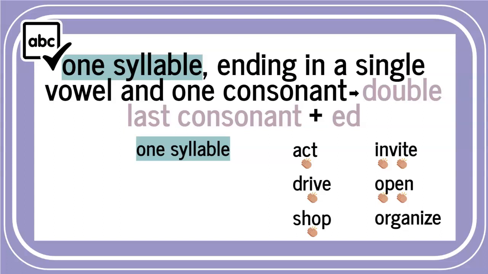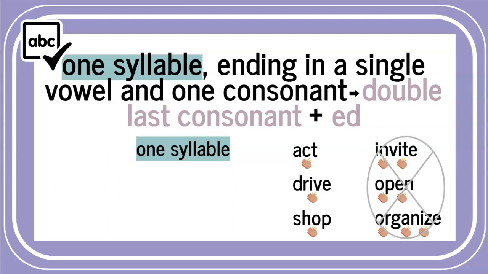If you said 3, that is correct. Organize. 3 syllables, right? For this rule, we want to look at verbs that are only one syllable. So, not invite, open, or organize. We will ignore those verbs.